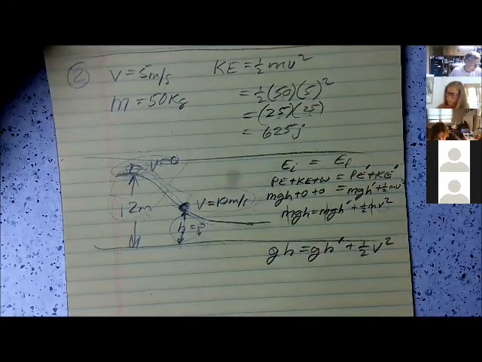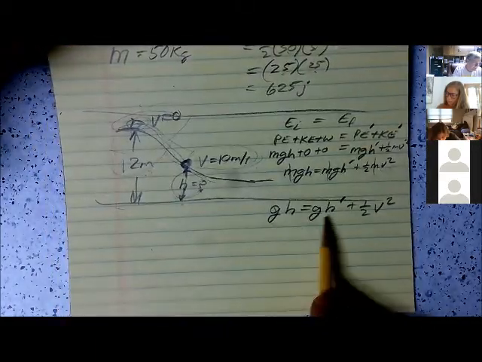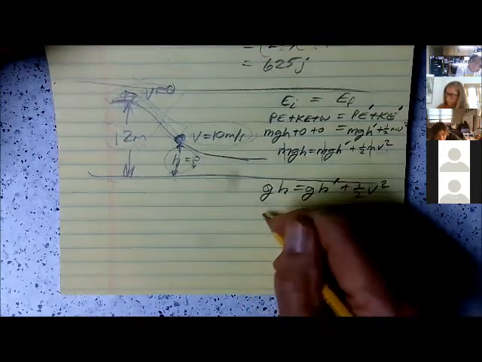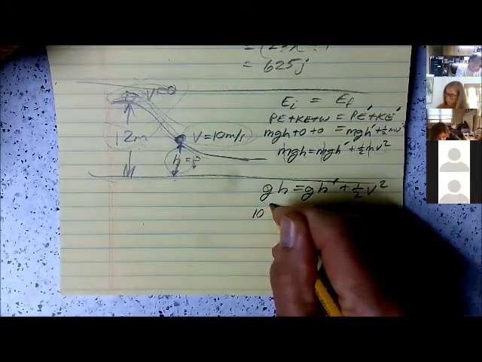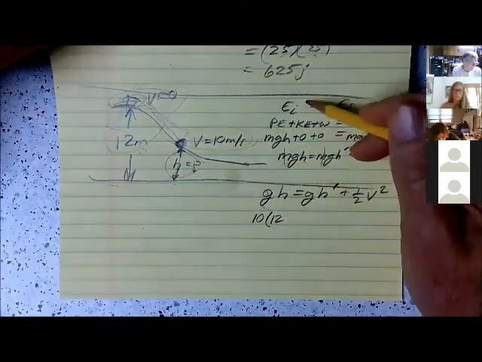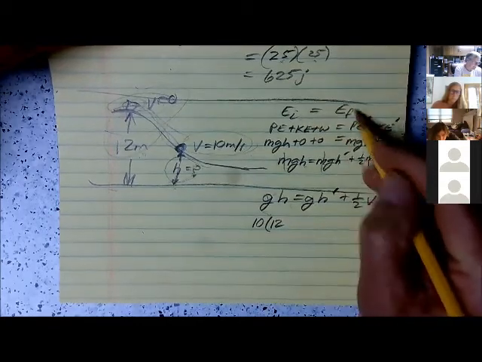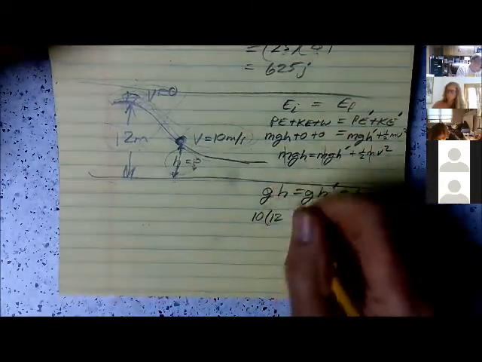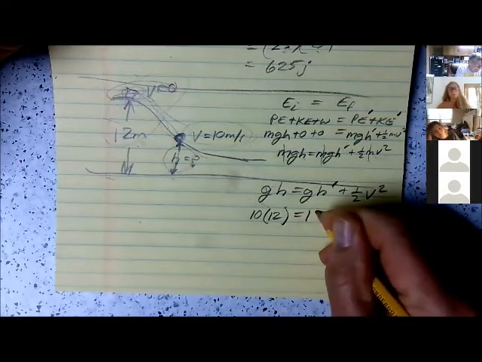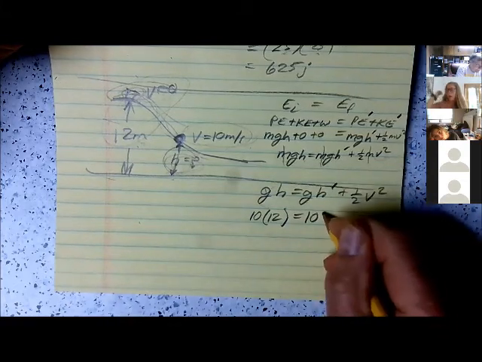Now it's time to plug in. I could combine the g's, but might as well just plug in at this time. G we know is 10. The h initial is 12, right? To the left of the equal sign is the initial, to the right is the final. On the other side, g is 10 again. H prime, we don't know. That's what we're trying to find out, so I'm going to leave that as my variable.